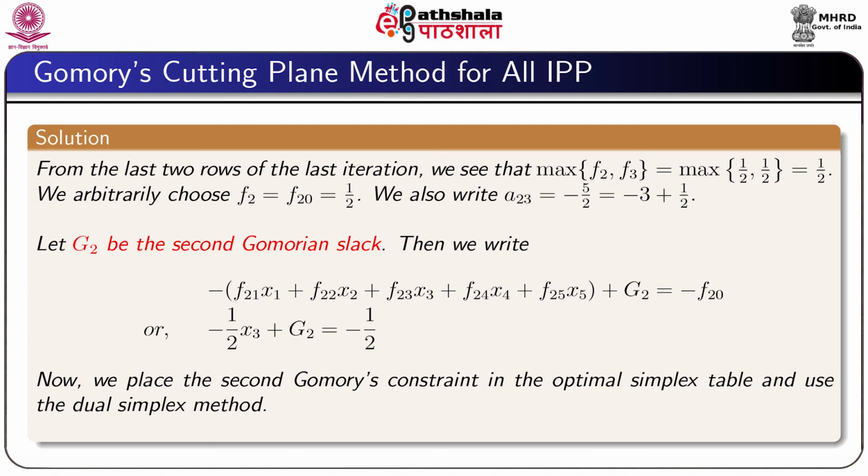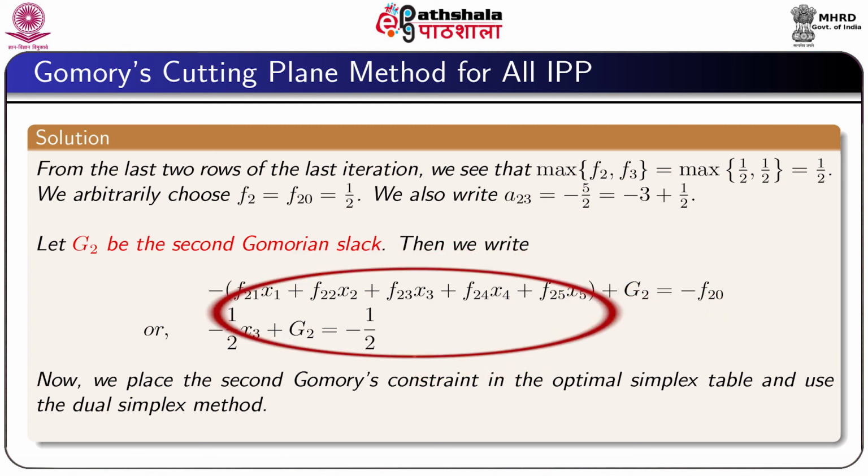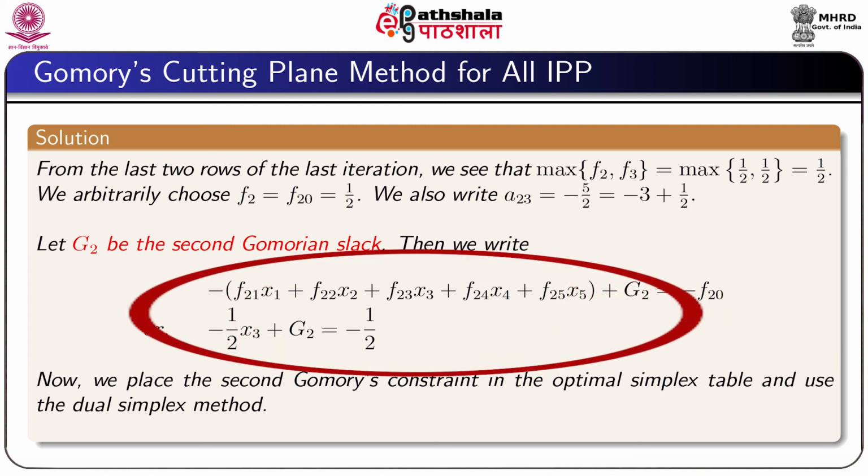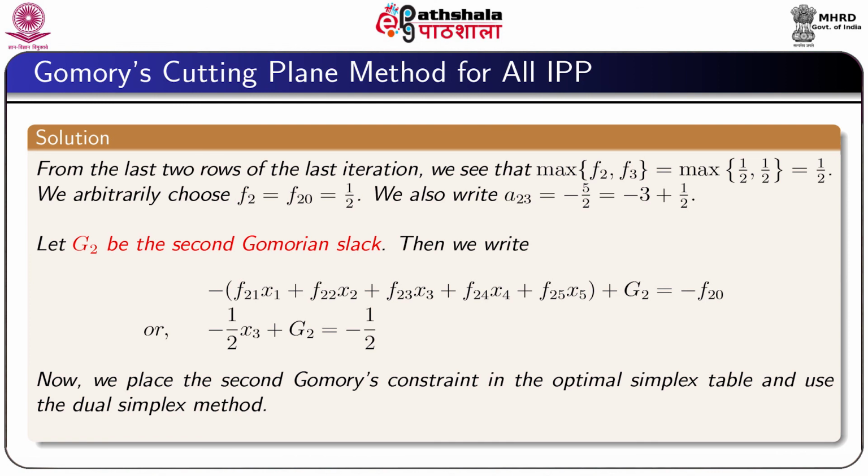Let G2 be the second Gomorian slack, then we find the Gomorian constraint as minus 1/2 x3 plus G2 equal to minus 1/2. We now place this second Gomorian constraint in the optimal simplex table, and again we use the dual simplex method.